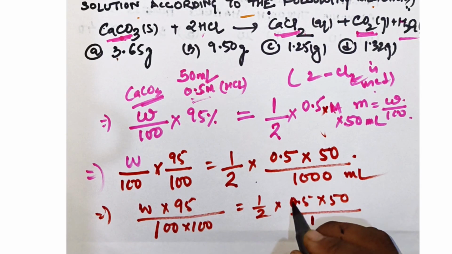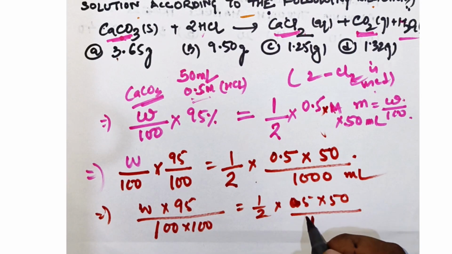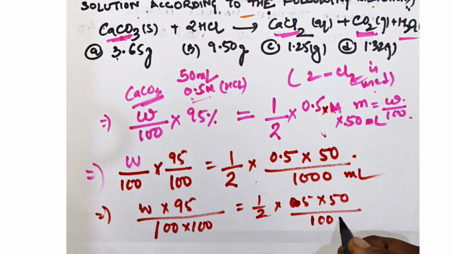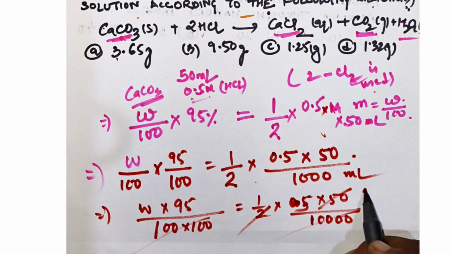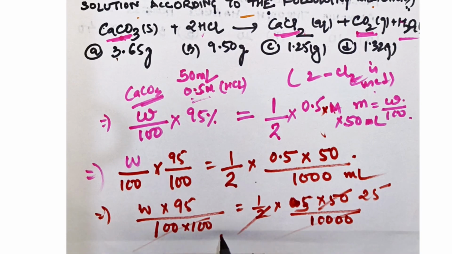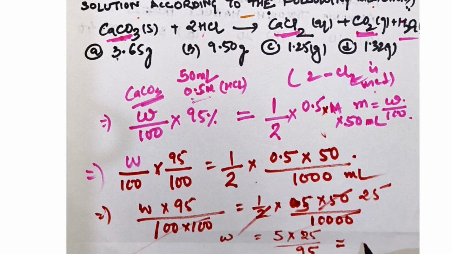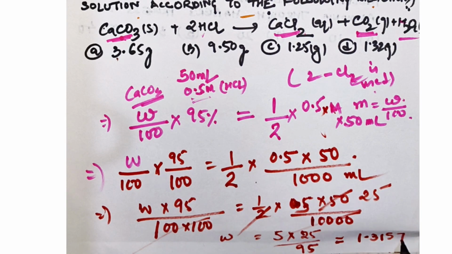If you remove the decimal point, it becomes 1, 2, 3, 4 zeros, so this and this zero get cancelled. 2, this is your 25. Now weight is equal to 5 into 25 divided by 95. So your answer will be 1.3157.